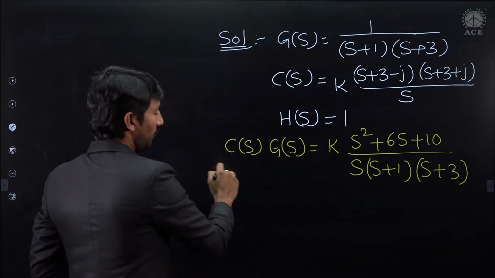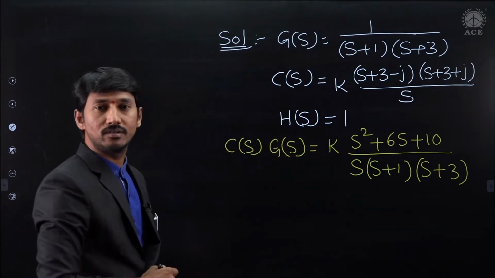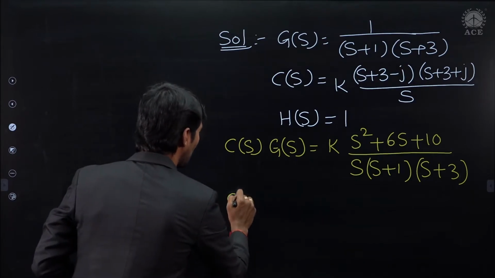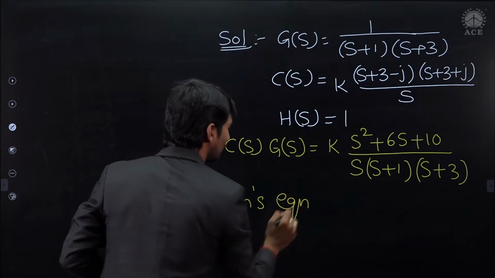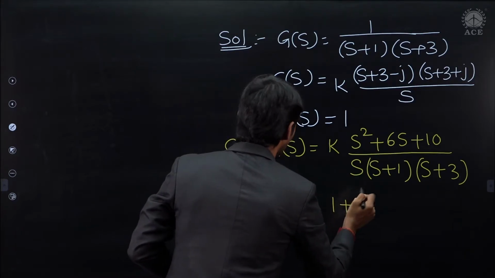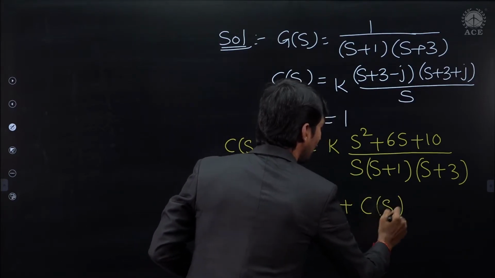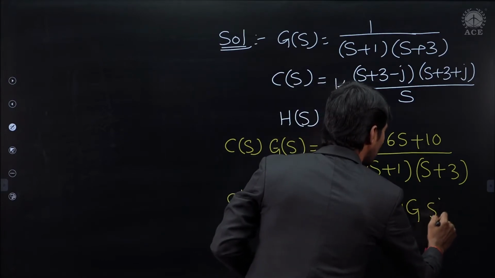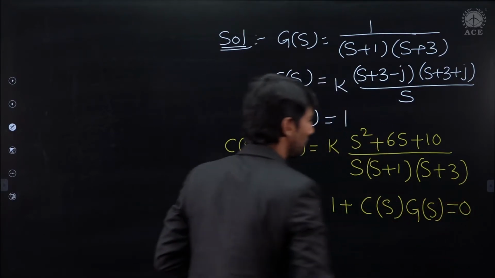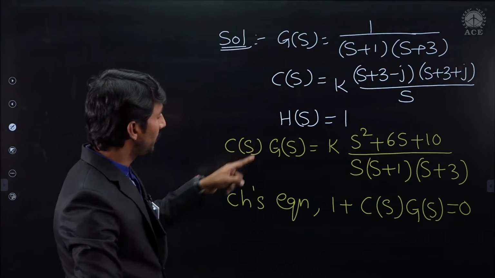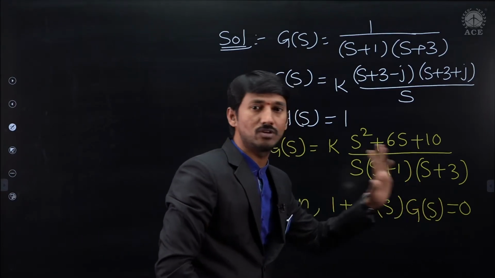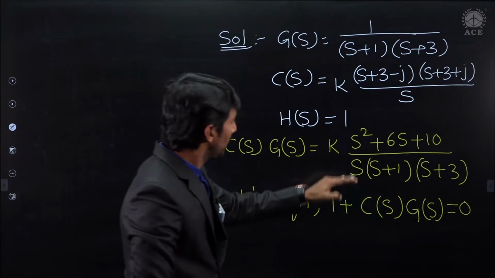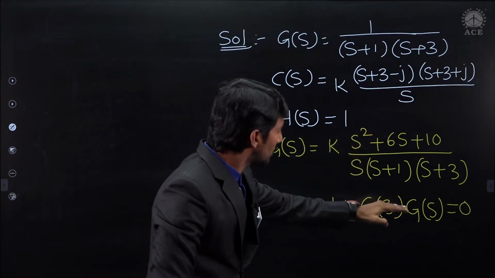Now, if you want to write the characteristic equation, what is it here? The characteristic equation, for a unity feedback system, is 1 plus C of S into G of S is equal to 0. Now, let us substitute this value.